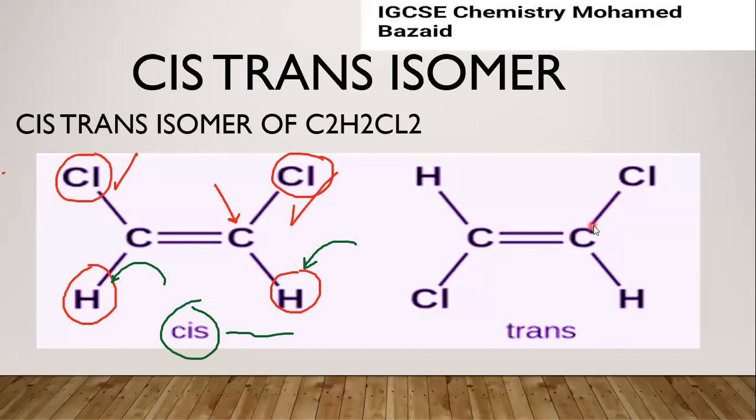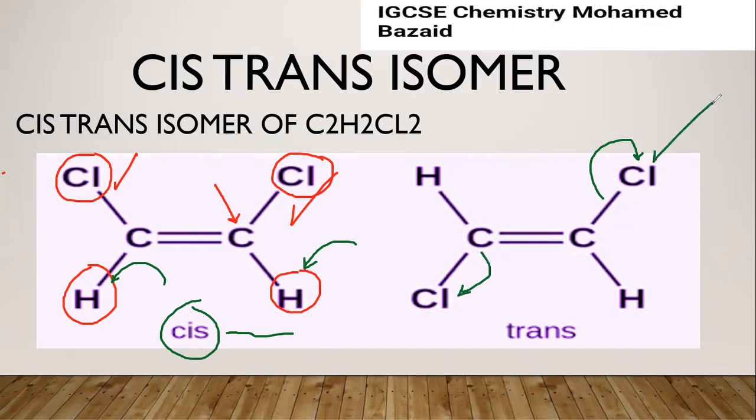In this compound, you have chlorine and hydrogen in the first carbon, and chlorine and hydrogen in the second carbon. But what is the difference? In the first carbon, you can see chlorine attached to the carbon on the right, up, and chlorine attached to the carbon on the left, down.